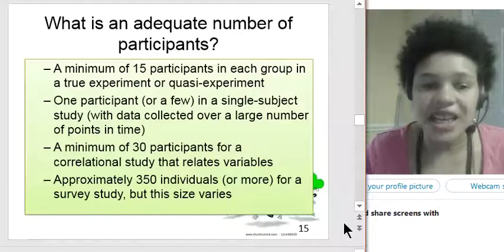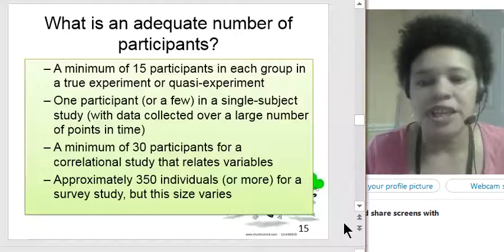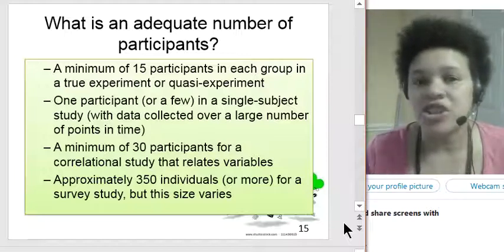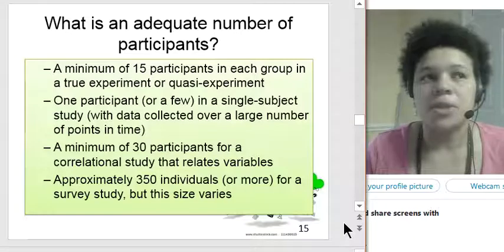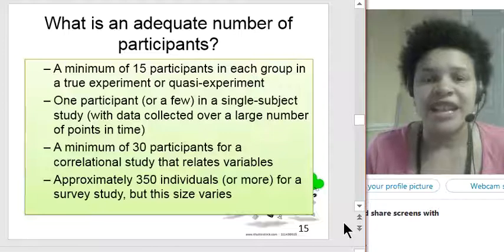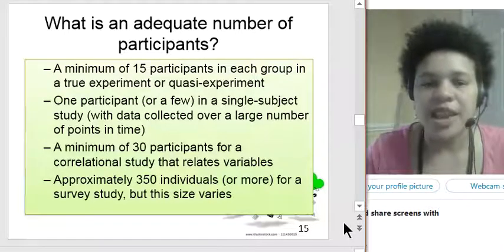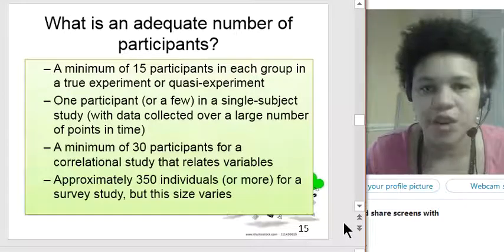For a survey study, maybe you need about 350 individuals. It depends on the overall size of the population you're studying. So if you're studying all teachers in the United States, actually no, it doesn't depend on the overall size of the population you're studying. It depends on the size of the effect that you're looking for.